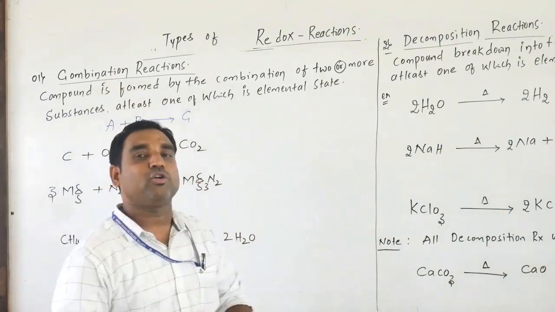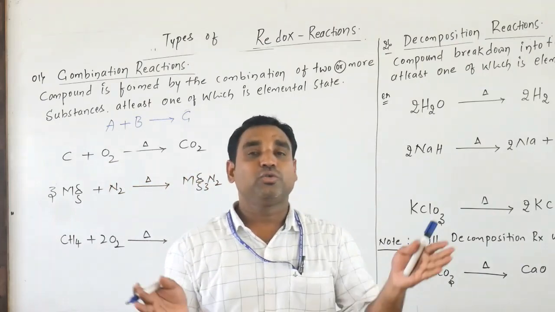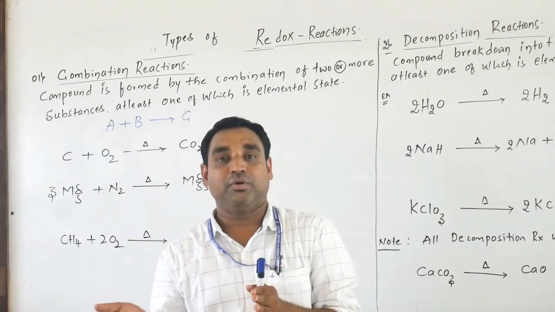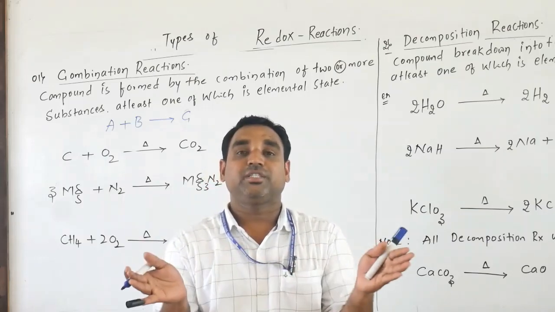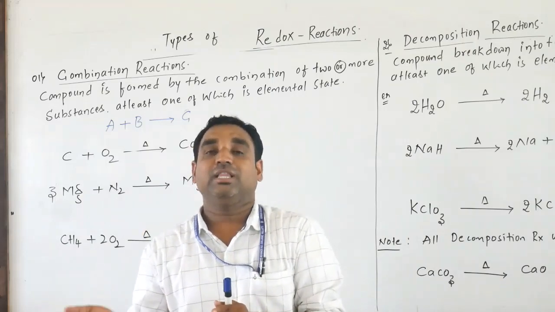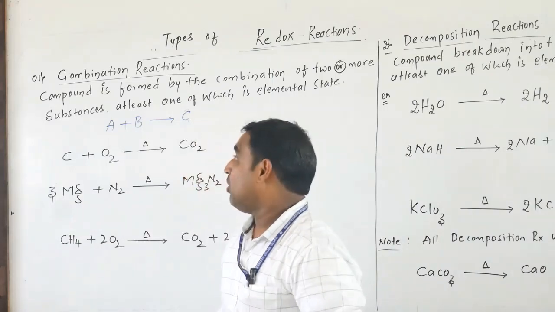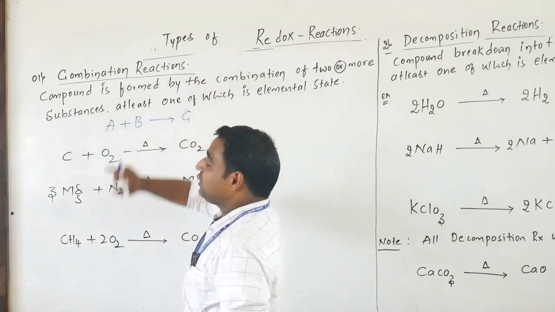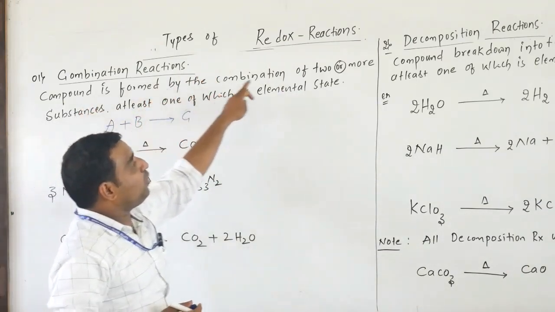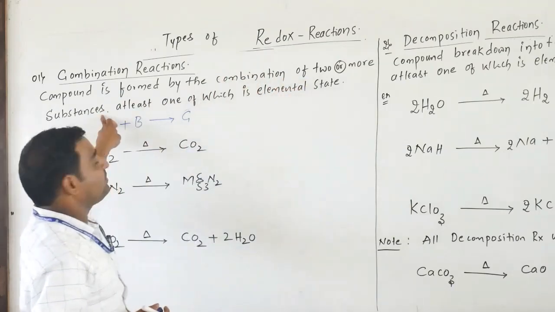Very simple it is. Combination means two or more substances combine to form one compound. Such reactions are called combination reactions. So the definition we write here: the compound is formed by the combination of two or more substances.